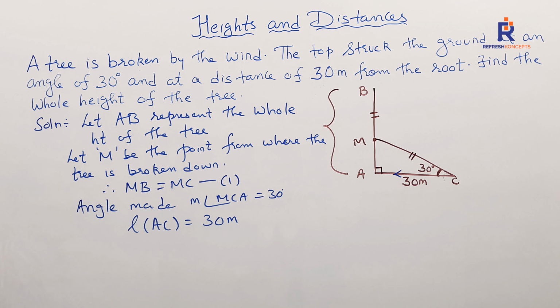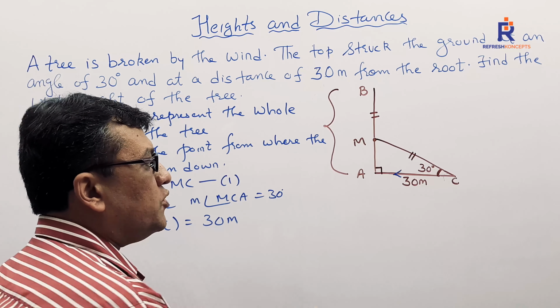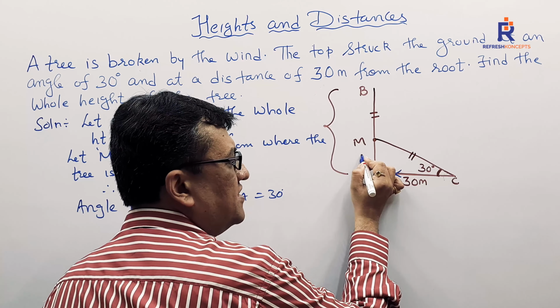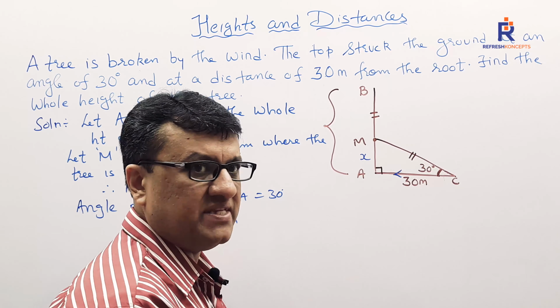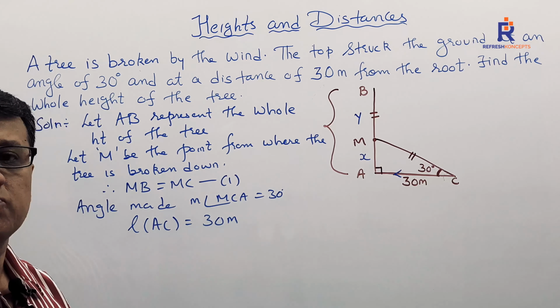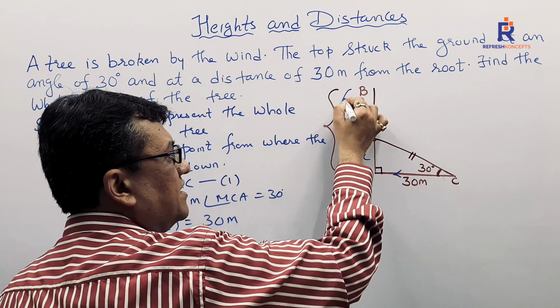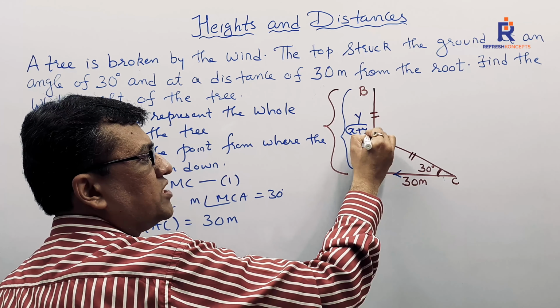Now children, in order to find the entire length AB, we'll bifurcate it into two parts. First, we shall find MA, which we'll call X, and later we'll find MB, which is Y. If I combine them together, X plus Y is my answer, the total height of the tree.